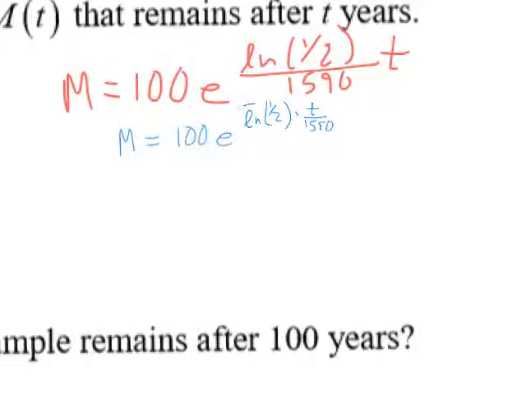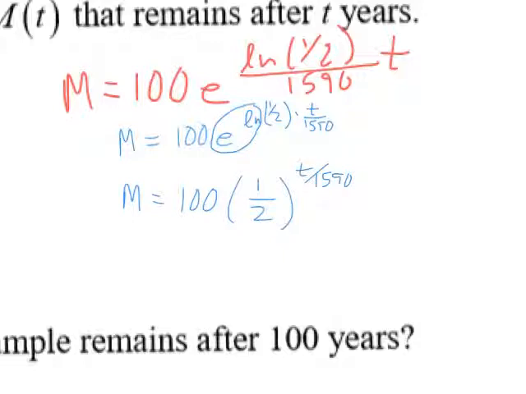And then we see that combination of the e to the ln, and those can cancel so that our mass could also be expressed as 100 times 1/2 to the t over 1590. And this format is a little bit more in line with ways that we have talked about exponential growth in the past. We have our initial value, and we lose 50% over the time of 1,590 years.